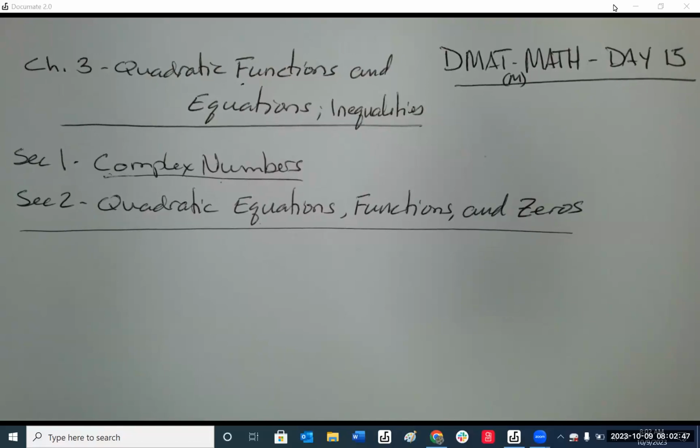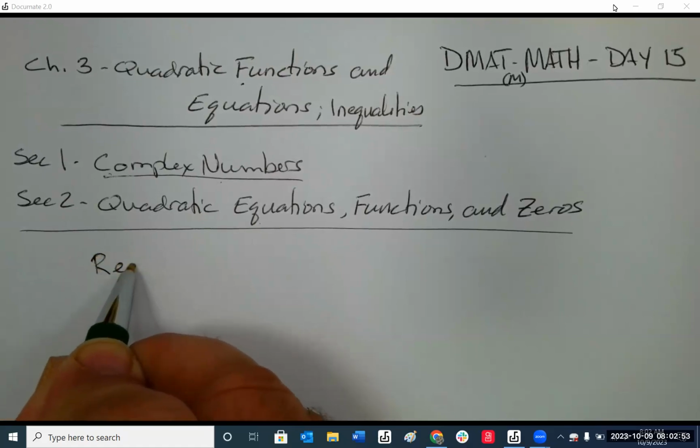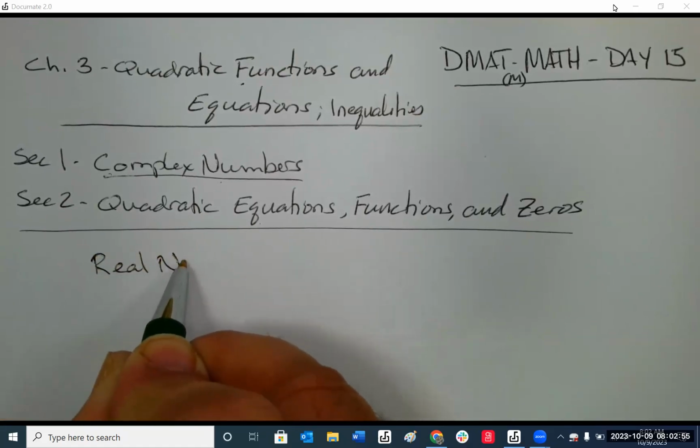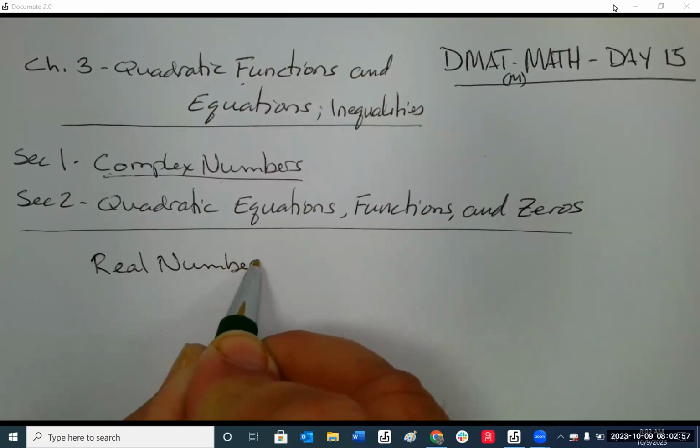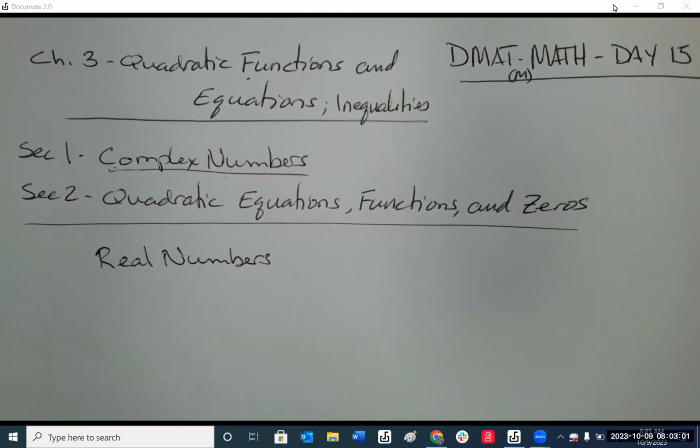Well, we have two types of numbers that we can deal with. Up until now, we've dealt with what are called real numbers. Integers, rationals, radicals, anything that we've done so far are real numbers.